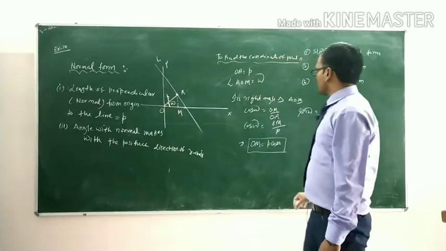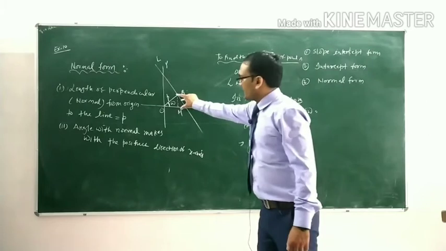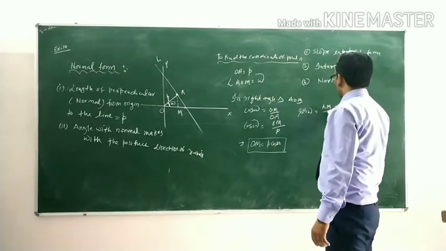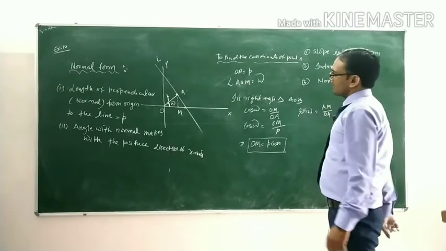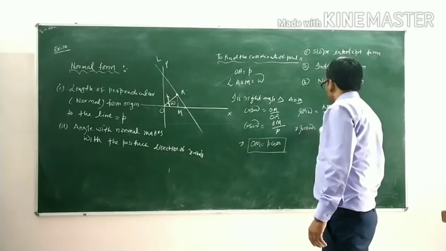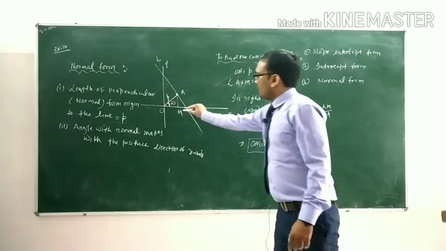Okay students, sin omega is the perpendicular side upon hypotenuse, that means AM upon OA. This implies that sin omega equal to AM upon OA.